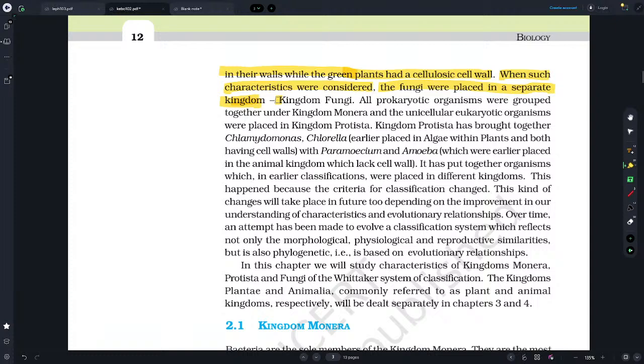One of the topics is archaebacteria. If you remember, we studied the three domain system, which divided the kingdom Monera into two domains, the archaebacteria and the eubacteria. We are now going to study the archaebacteria. Archaebacteria means ancient bacteria.